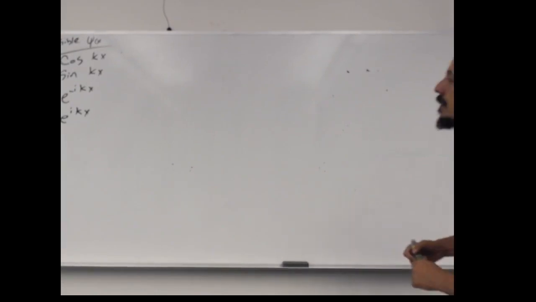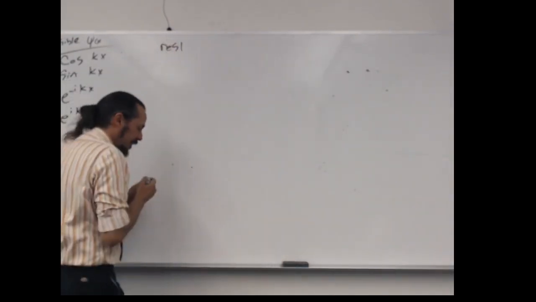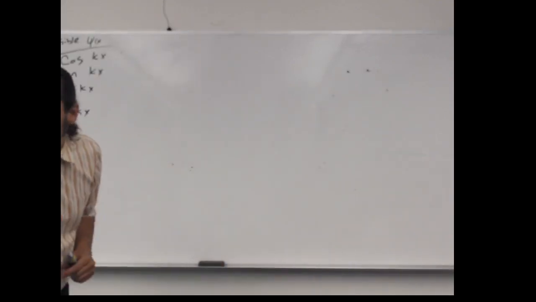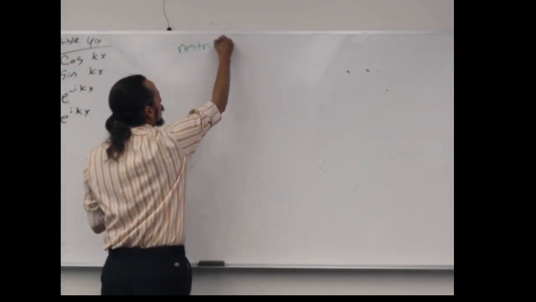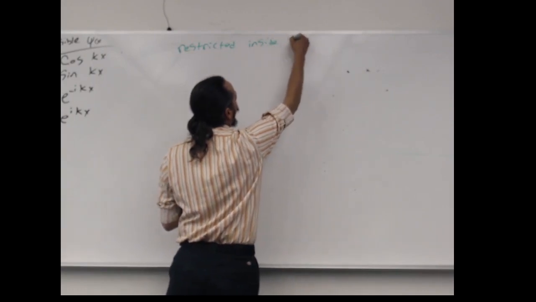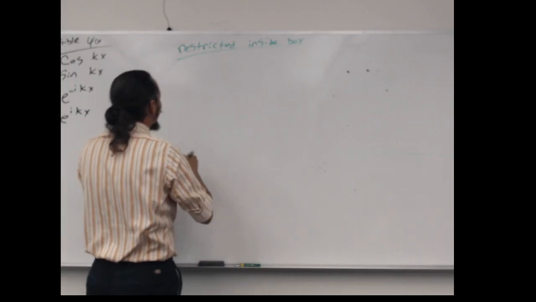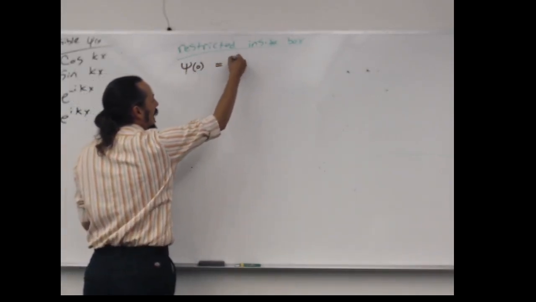So if we are restricted inside the box, I don't know why I like switching colors so much. If we're restricted inside the box, psi of 0 has to be equal to 0.